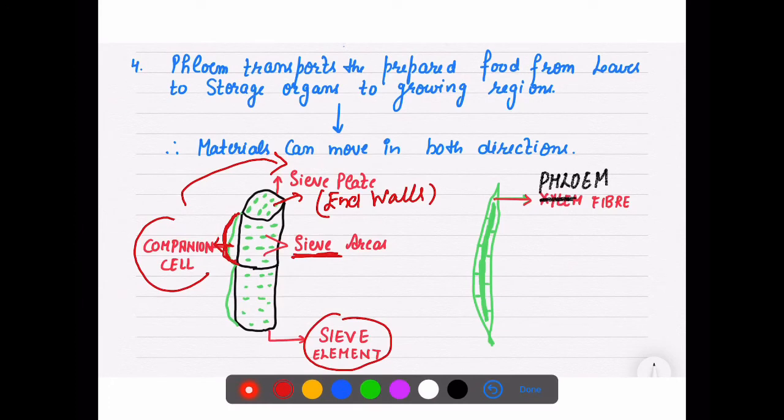Here are the fibers, also elongated tube-like structures, and they also have little gaps; the wall is not continuous, there are small gaps or pores, which is why it is perforated in nature.